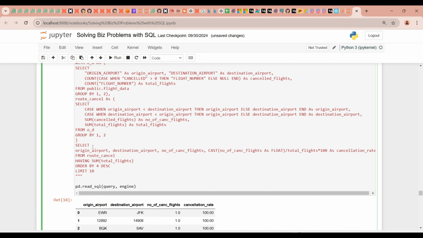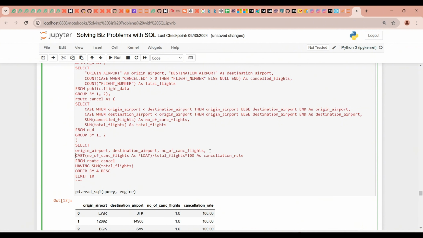Now put a clause to that. Say having, no, I want to say where rather, we are going to consider only routes whereby the total number of flights that they've had is greater than the average number of flights for the entire route from route cancel.